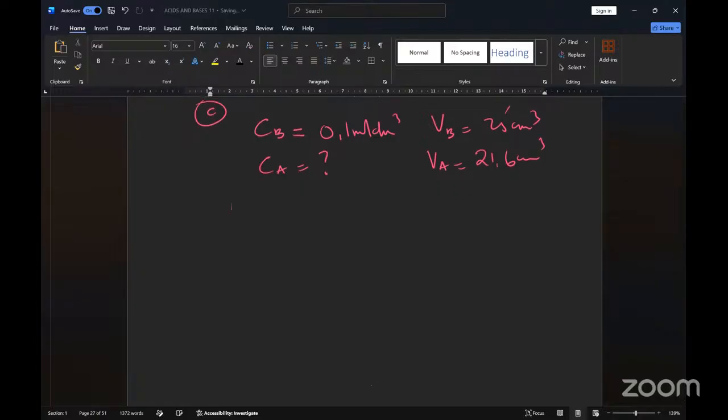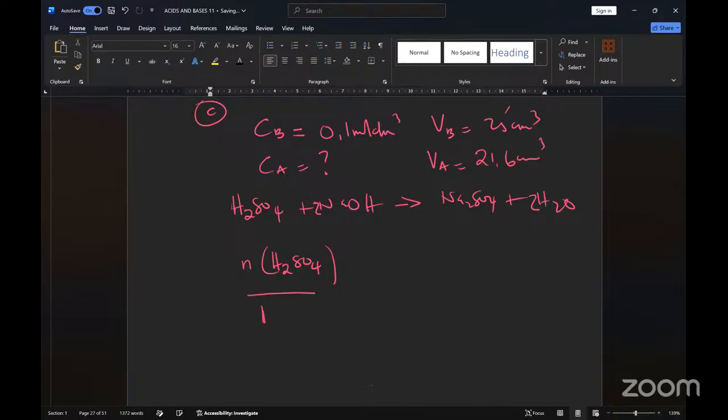This is sulfuric acid plus sodium hydroxide would give you sodium sulfate plus water. The water, there is 2 here and there is 2 here. So remember I said, for this reaction, if we're not dealing with concentration, let's forget about concentration for a while. If we're not dealing with concentration, we would have said the number of moles of H2SO4 divided by its coefficient, which is 1.